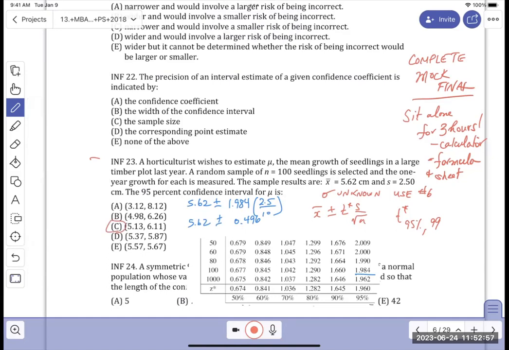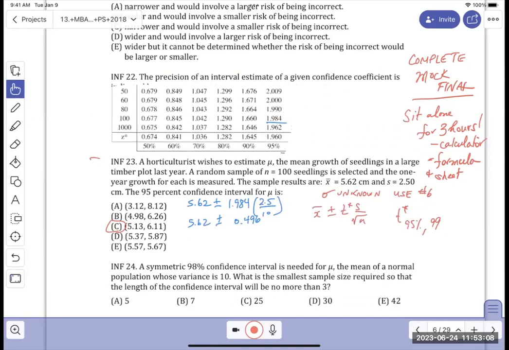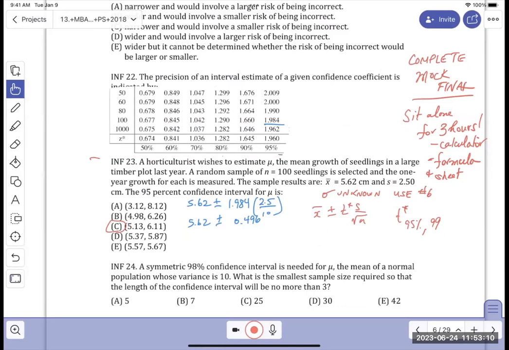Is that the right answer? So what I did was choose the closest one.